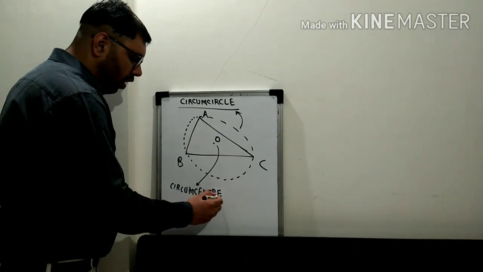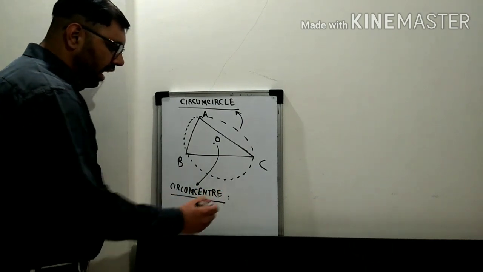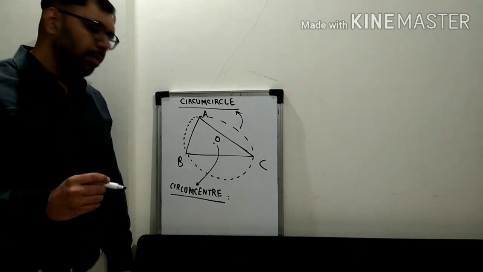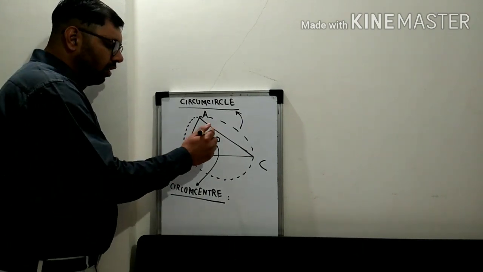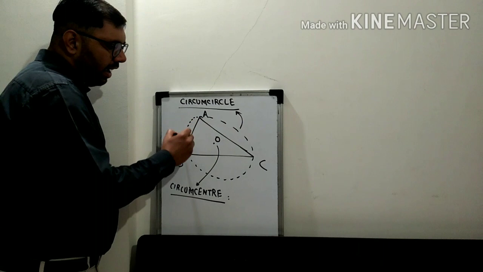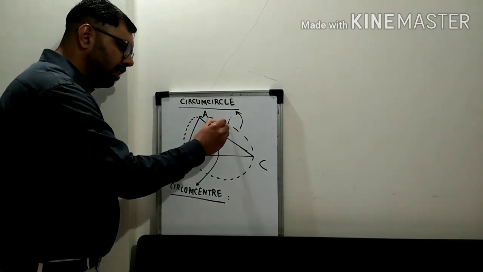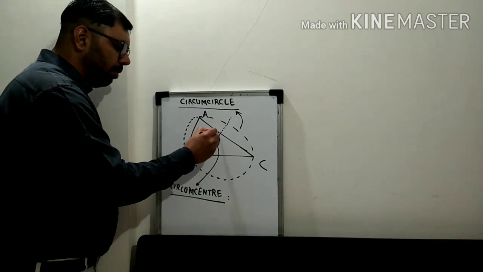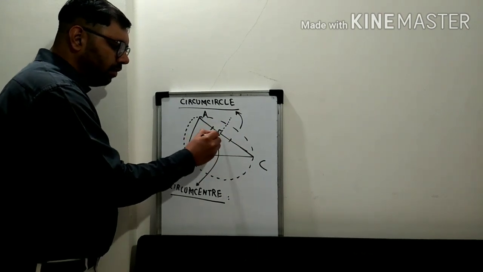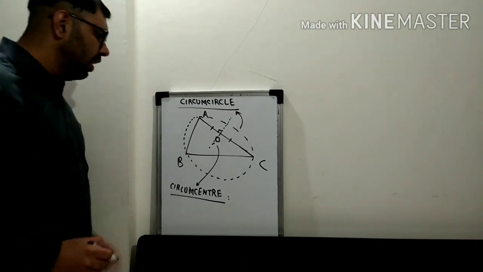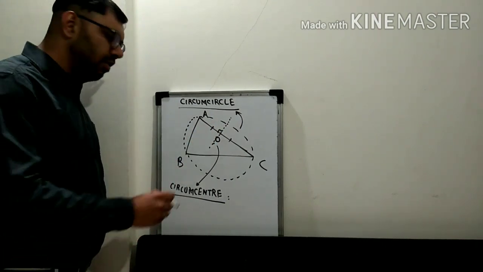Alternately we can also define circumcenter as the point of intersection of perpendicular bisectors. Perpendicular bisectors means, a triangle contains three sides. So for any side, if I draw a bisector which is perpendicular to the side and passing through the midpoint of the side, that line is called the perpendicular bisector for that side.